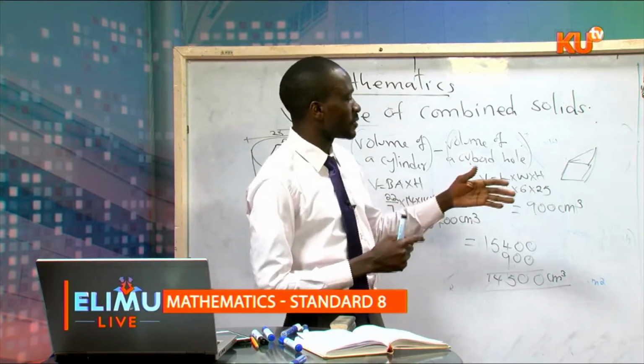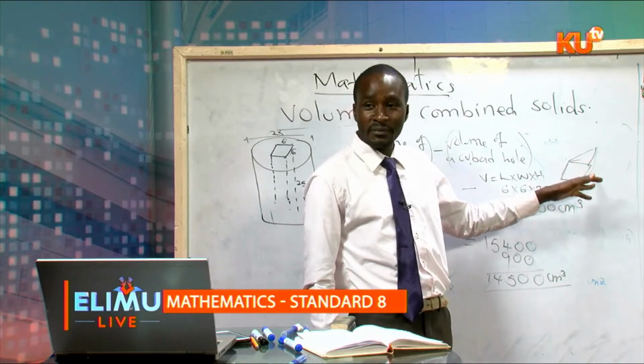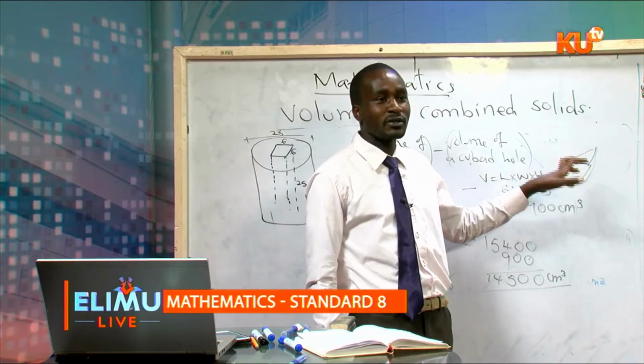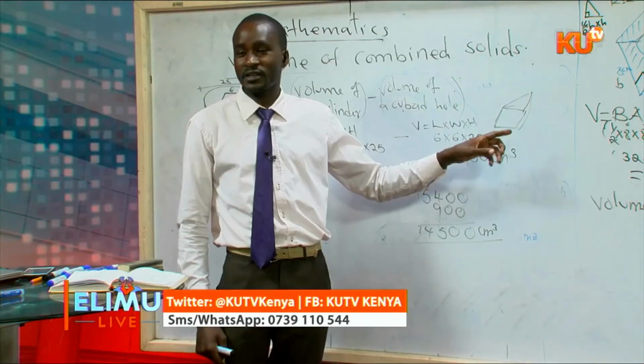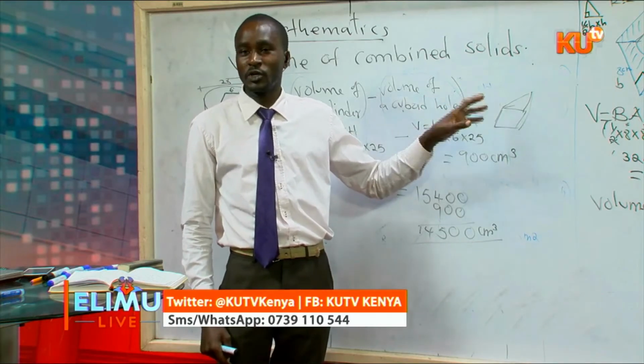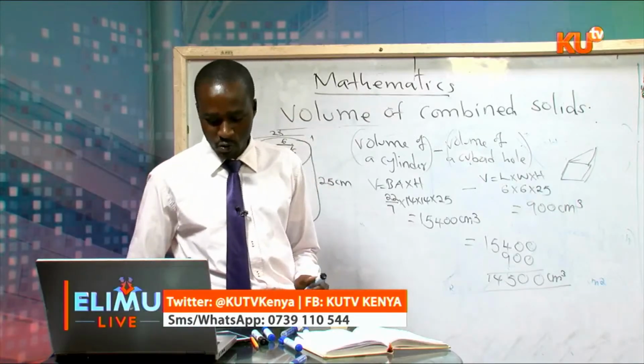For the pyramids, the only thing you are supposed to know about them is the number of faces, the number of edges, and the number of vertices. Not the volume, not the area. That's you as a learner in primary school.